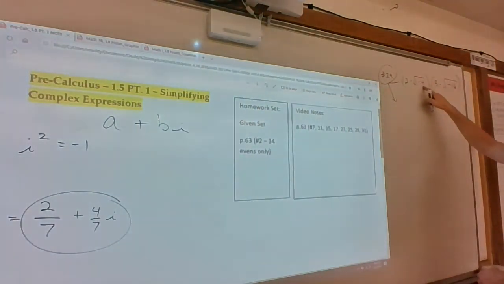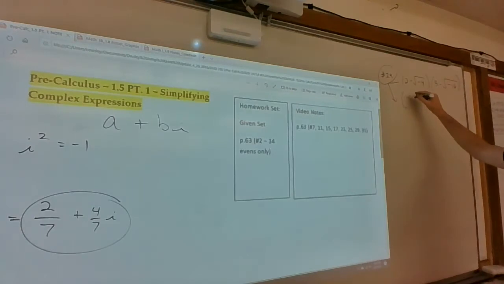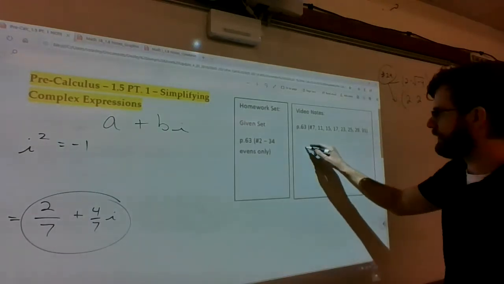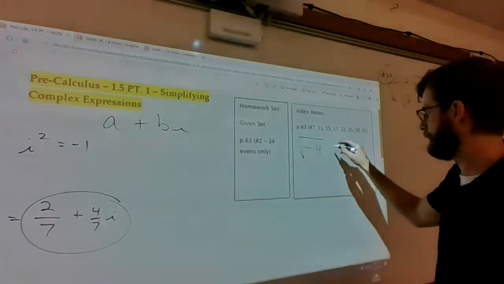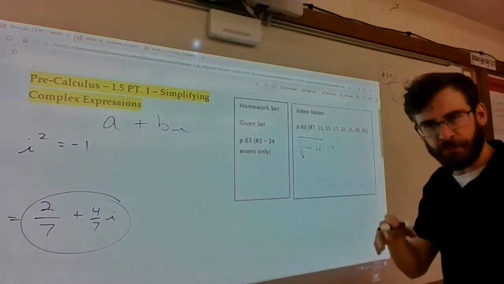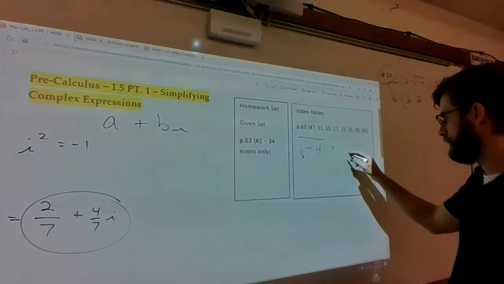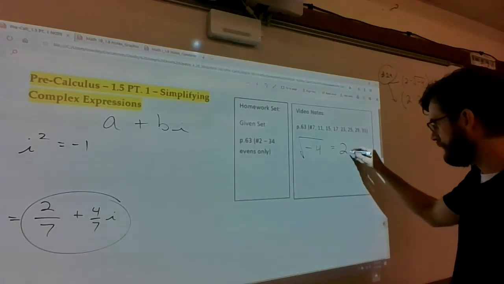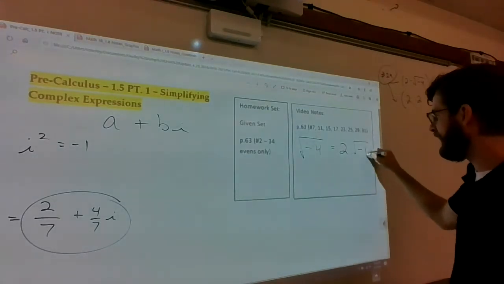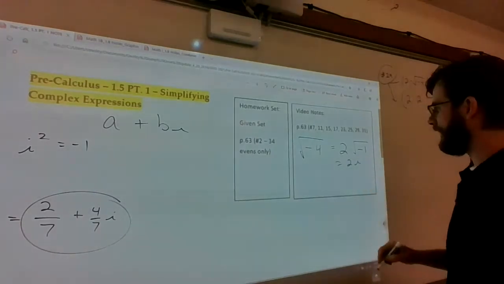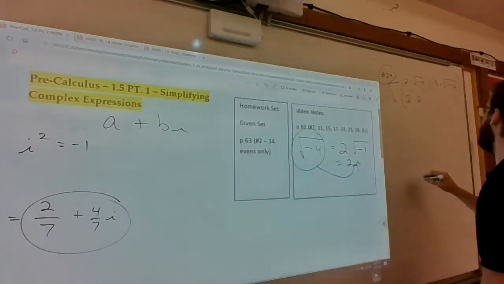Root negative 4 is the same as... I'm sorry, I totally butchered that. Root negative 4 equals 2 times root negative 1, which is i. All right, 2i. This is 2i.